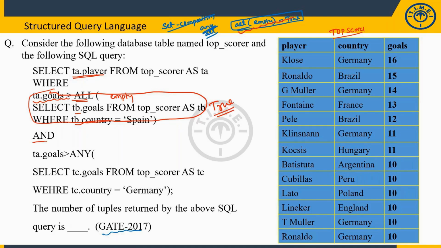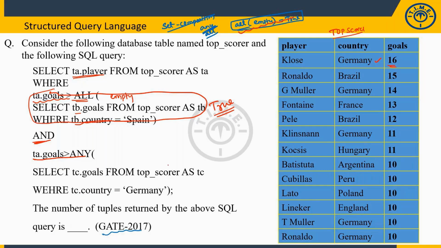And the second condition, ta.goals greater than ANY. Now the second condition is going to check the goals greater than ANY of the output of the inner query. What is the output of the inner query? Select tc.goals from top scorer as tc, where tc.country equals Germany.